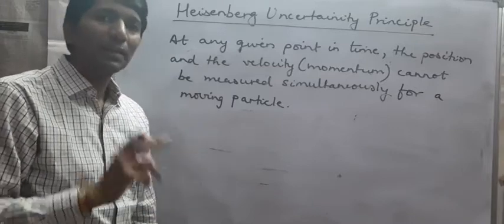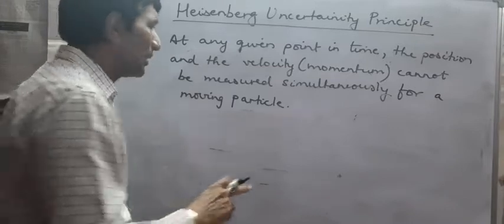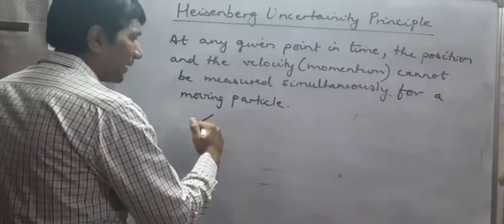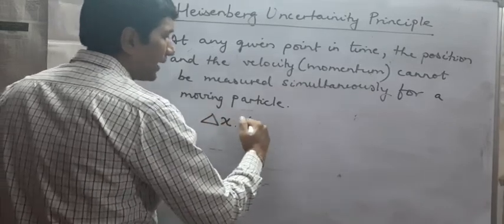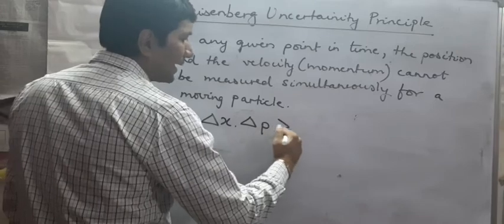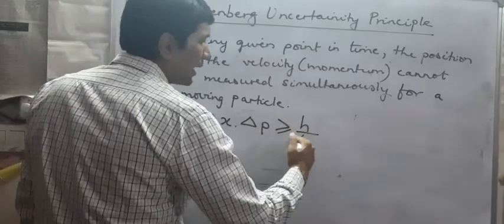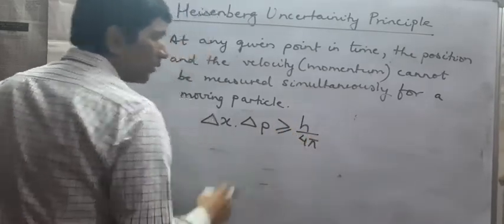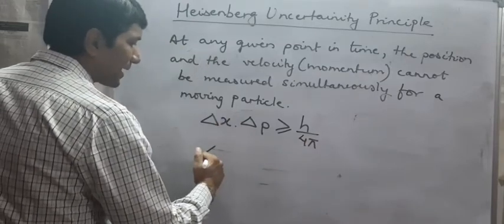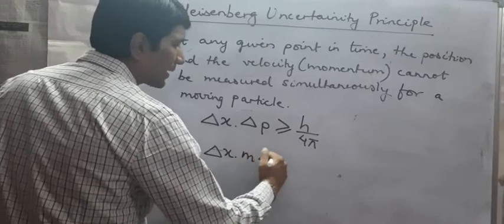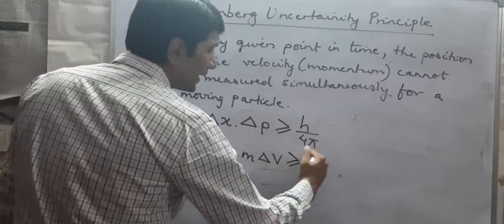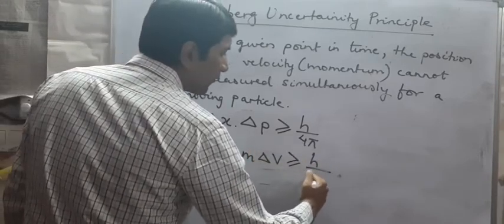So we got a mathematical derivation from Heisenberg which stated that delta x into delta p is greater than or equal to h upon 4 pi, which can also be written as delta x into m delta v is greater than or equal to h upon 4 pi.